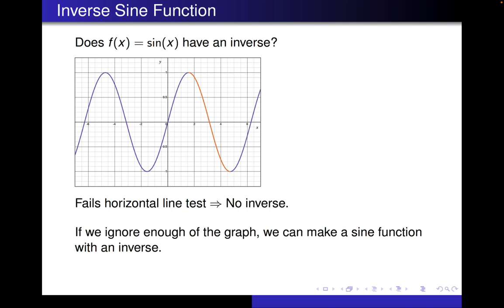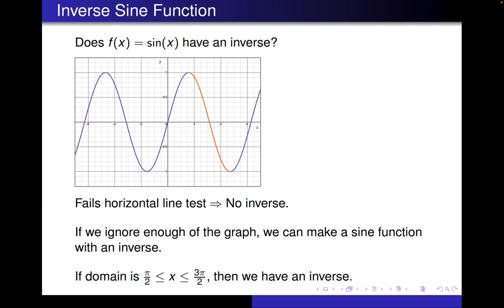Now, if you ignore the purple part of the graph, the orange part of the graph actually does satisfy the horizontal line test. If I draw any horizontal line, it'll hit the orange part of the graph exactly once. So that tells us if we make the domain of the sine function just between pi over 2 and 3 pi over 2, then we can define an inverse.